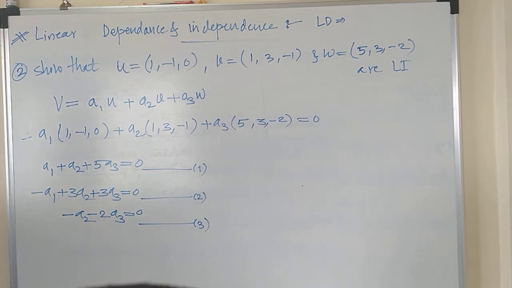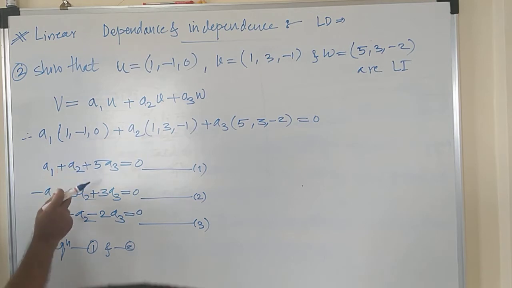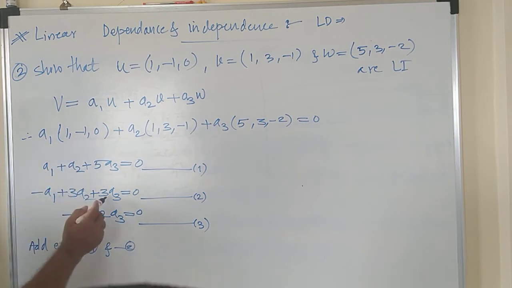And if you add equation number 1 and 2, there is no need to multiply any equation by any scalar. So I will just add equations 1 and 2. The addition will give you here, this a1 and a2 gets cancelled.